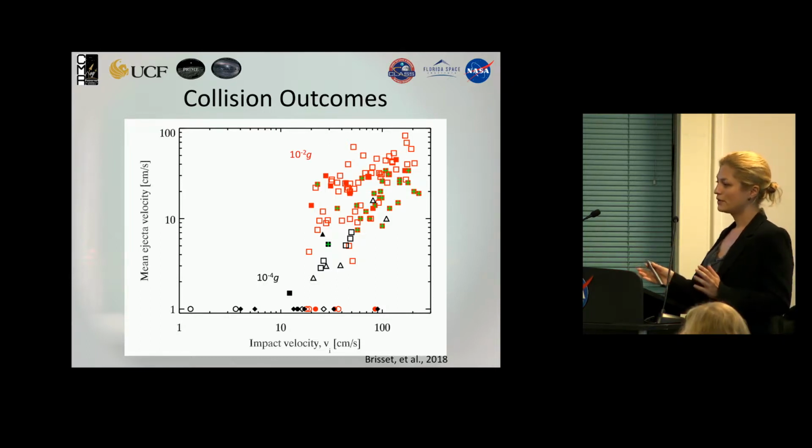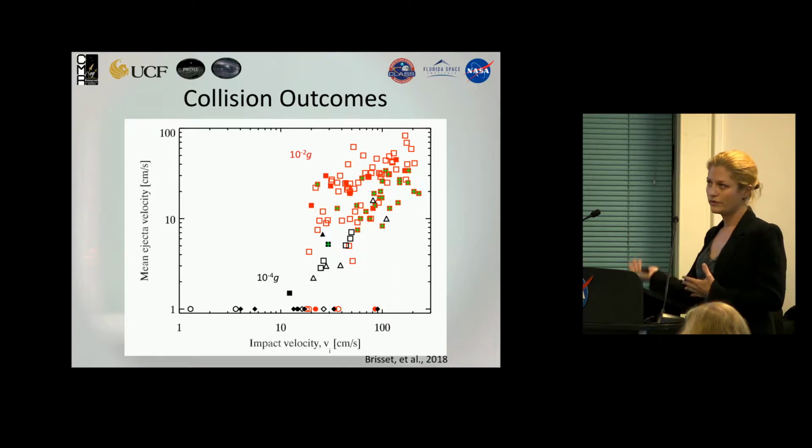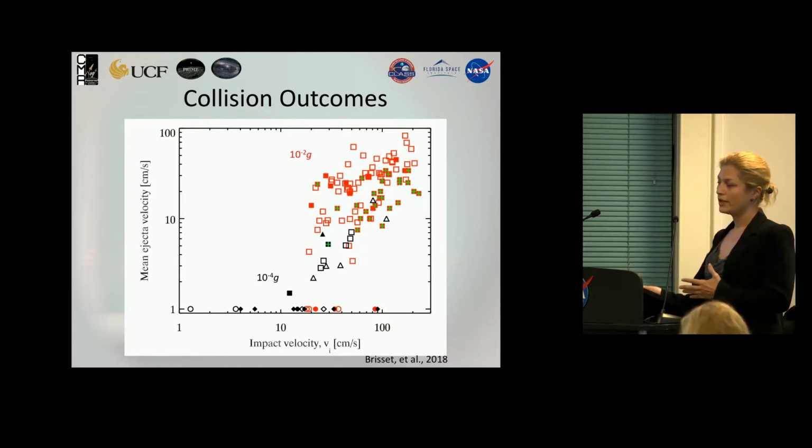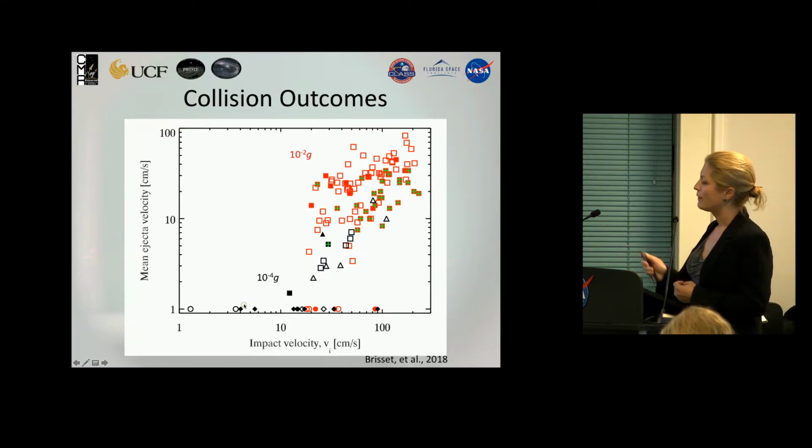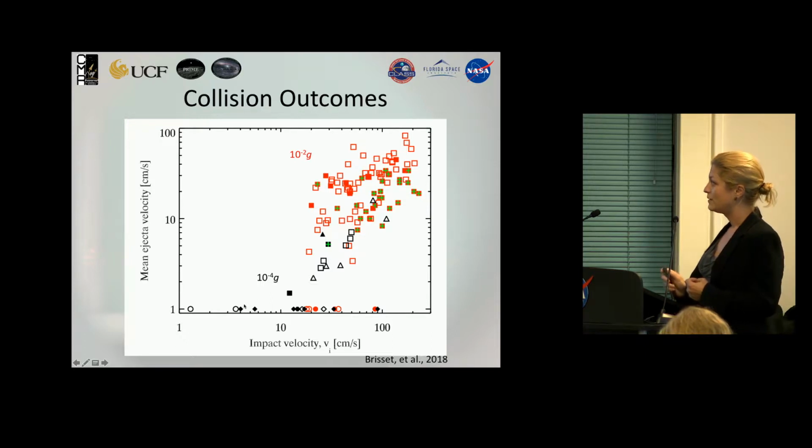In older setups, the box was bolted to the aircraft, and so you still had 10 to the minus 2 g going on inside of your box. But with the free-floating box, the black points here, you can actually reach lower impact velocities, and then you have a 10 to the minus 4 g maximum acceleration environment.